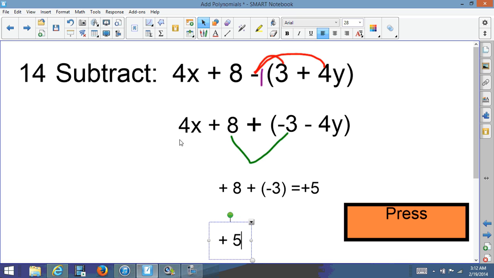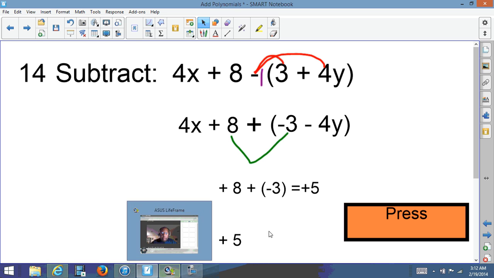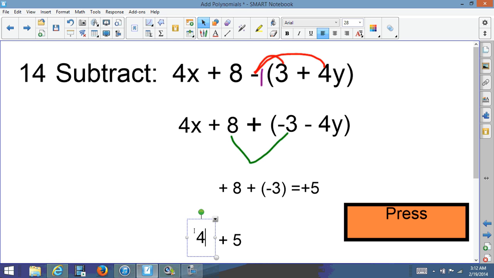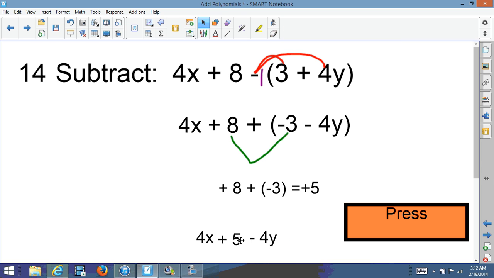positive 5. And when I see what I have left, I have a 4x, and I have a minus 4y inside the parenthesis that's left over, because they're in their own separate column, and I don't have to combine them because they're different terms.